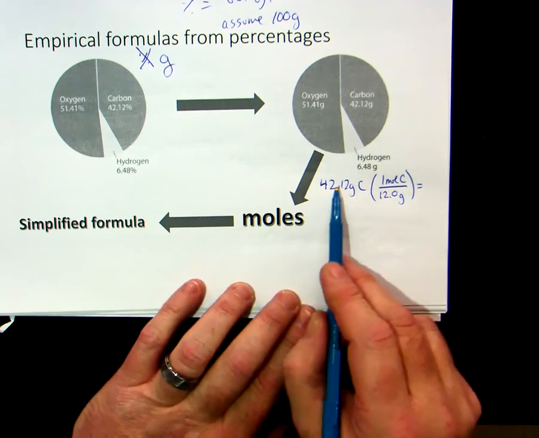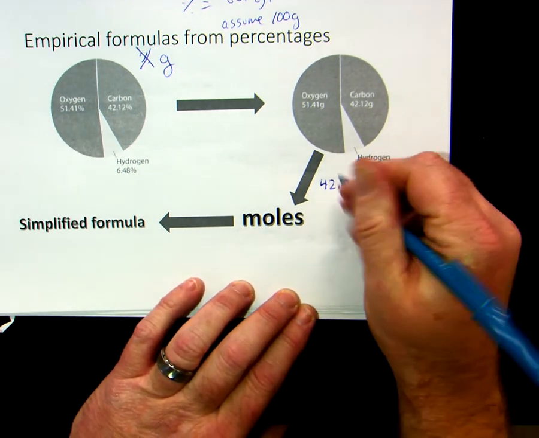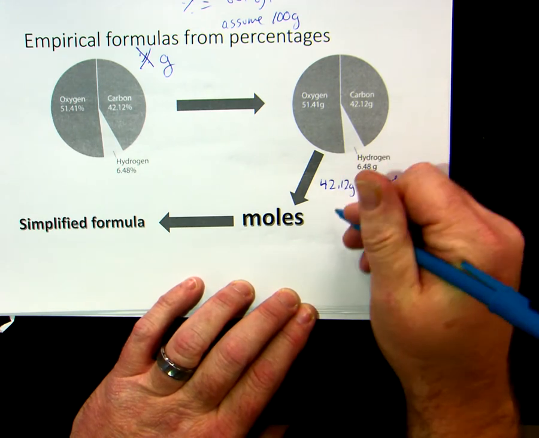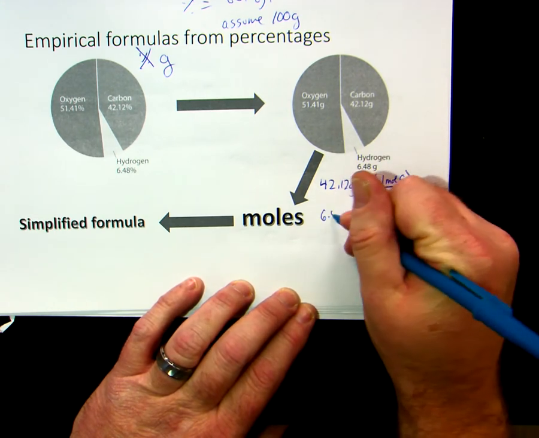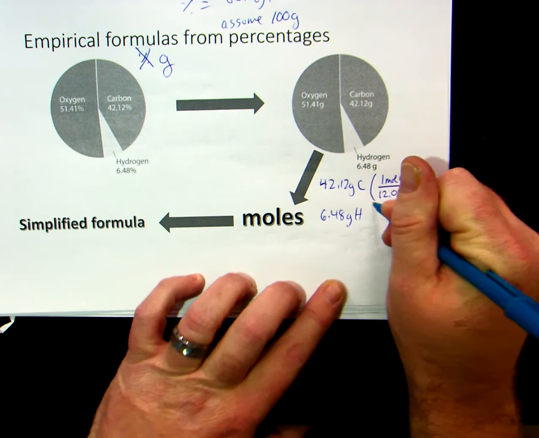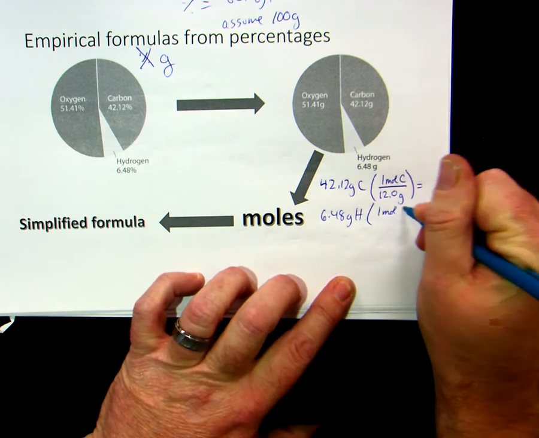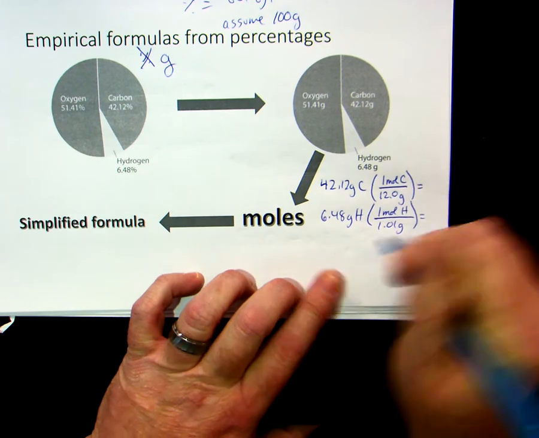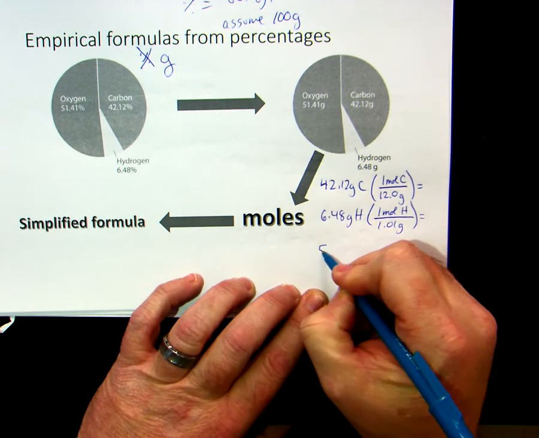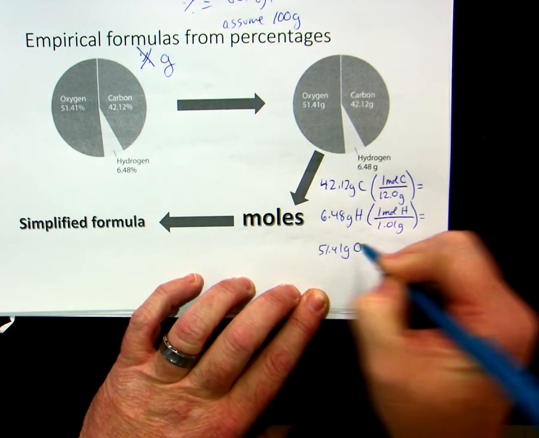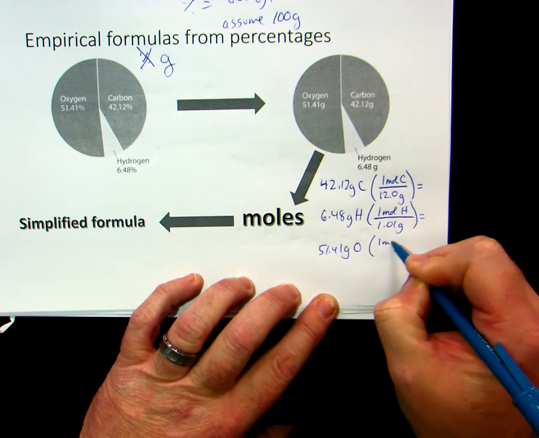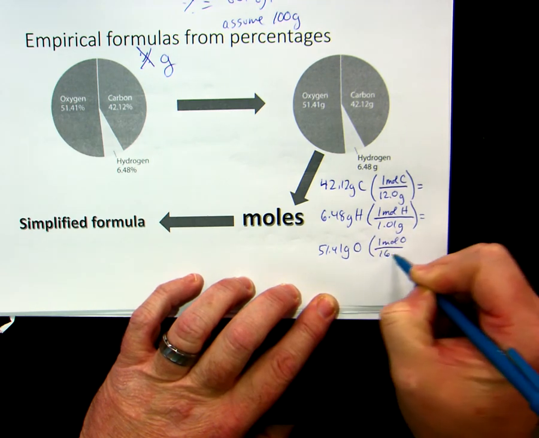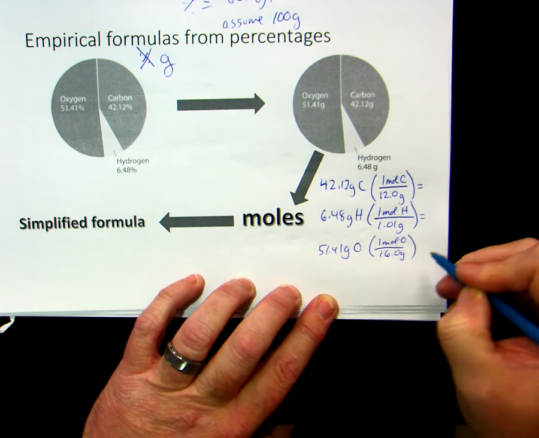All right, so that's my carbon, my oxygen, my hydrogen, we'll just go in order here. I'd have 6.48 grams of hydrogen, and 1 mole of hydrogen is about 1.01 grams. I have 51.41 grams of oxygen. 1 mole of oxygen is 16 grams.